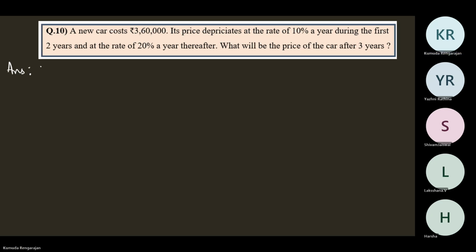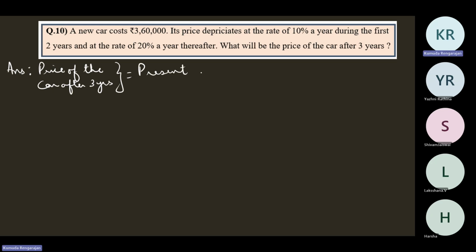So, price of the car after 3 years, which is the amount, is equal to the present cost of the car, which is the principal.